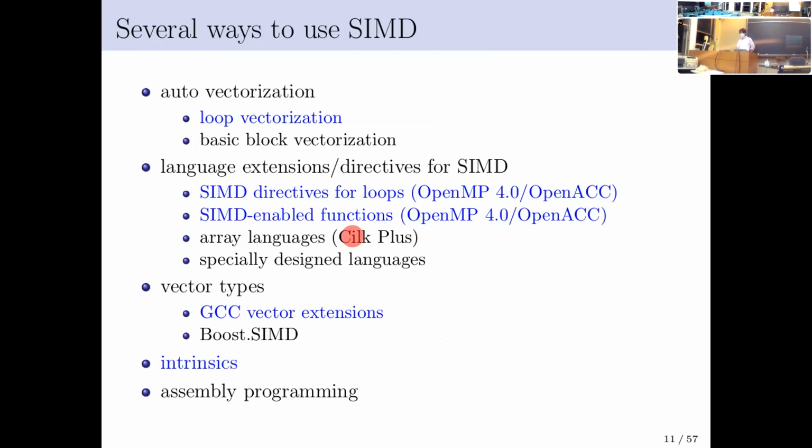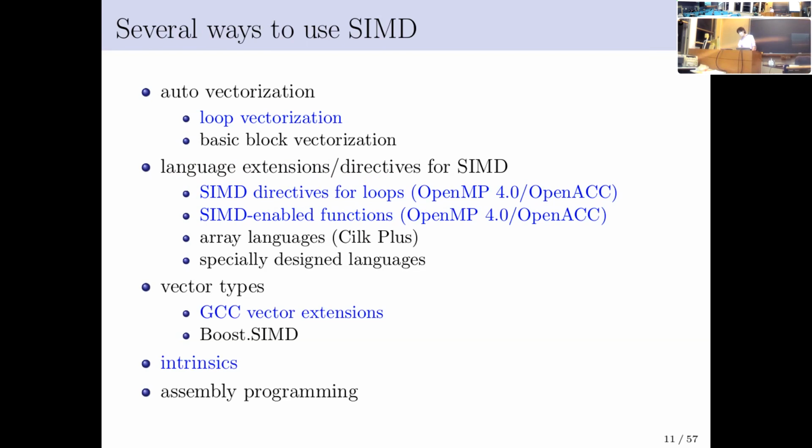There are, like I said, many ways to use SIMD instructions. You necessarily do not have to know too much about SIMD instructions. The simplest is something called auto-vectorization. You simply write ordinary loops, and the compiler does everything else. And it doesn't succeed very often. And there are some language extensions or directives to explicitly instruct the compiler to use SIMD for a for loop.